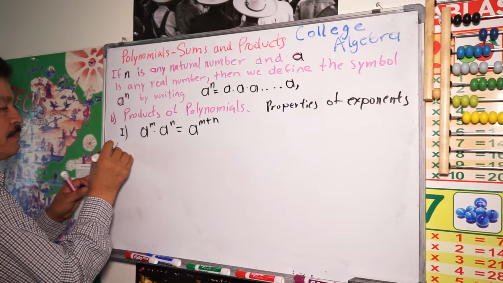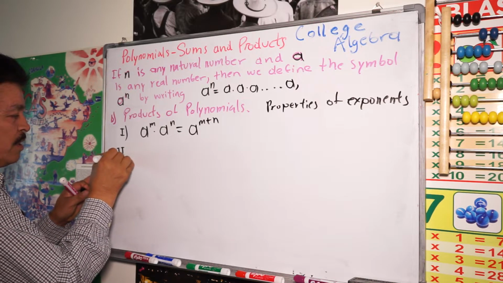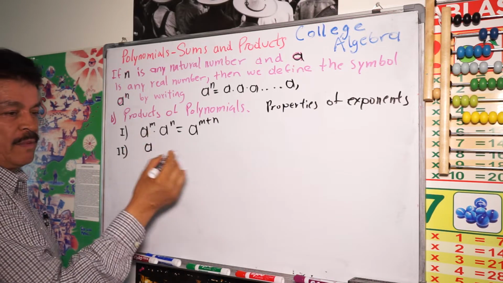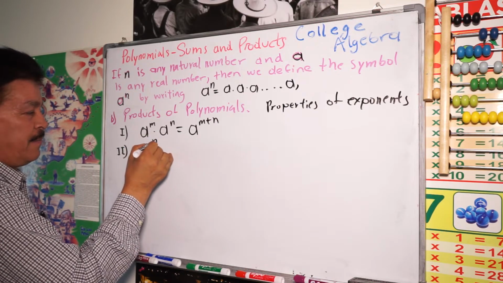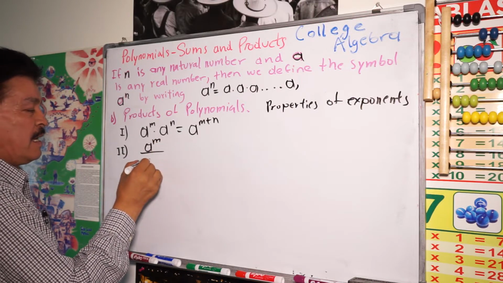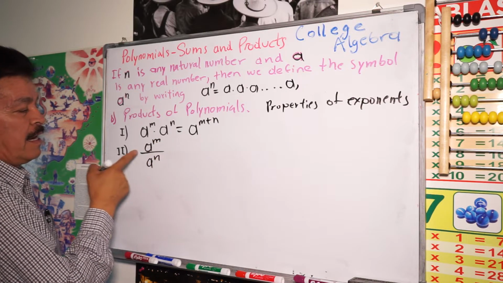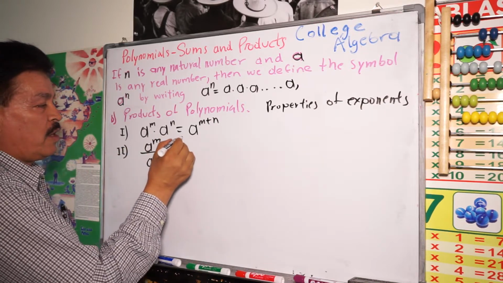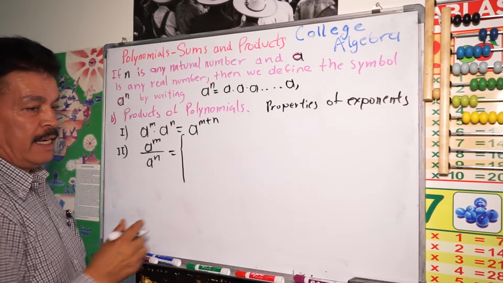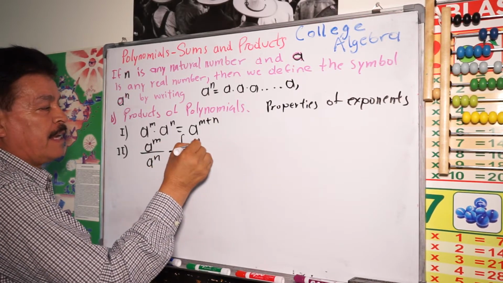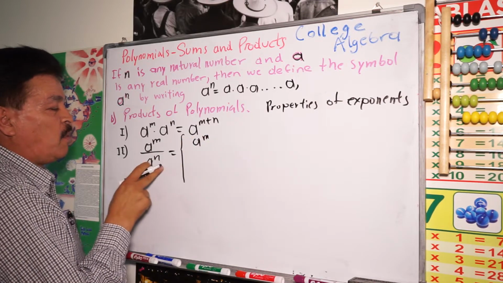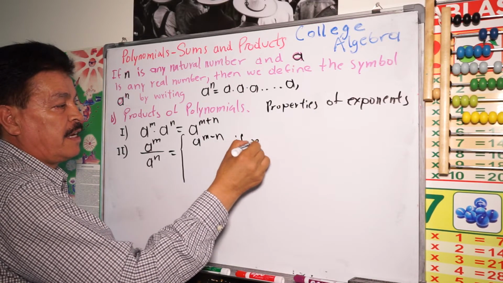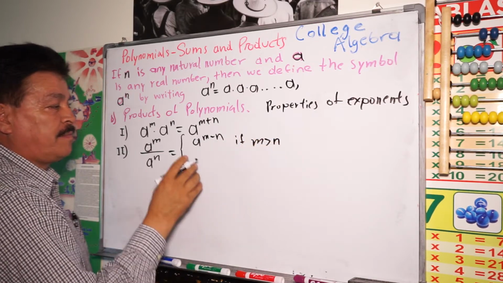Another property which we have to remember is, for example, you divide numbers like this: a to the m power divided by a to the n power. You are going to have here, for example, m minus n, the exponents subtract, if m is greater than n.